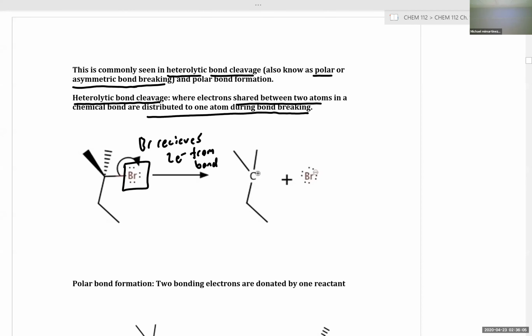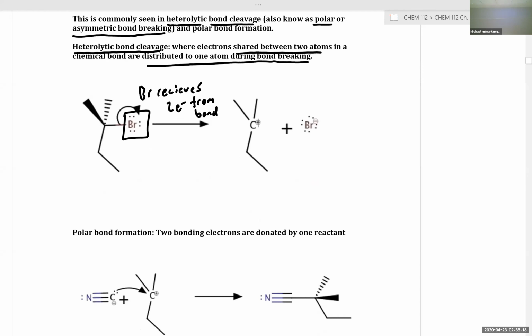So like polar bond breaking, where we have a movement of 2 electrons, and those 2 electrons are given to one of our atoms or one of our species in our bond. In polar bond formation, the 2 bonding electrons are donated by 1 reactant.